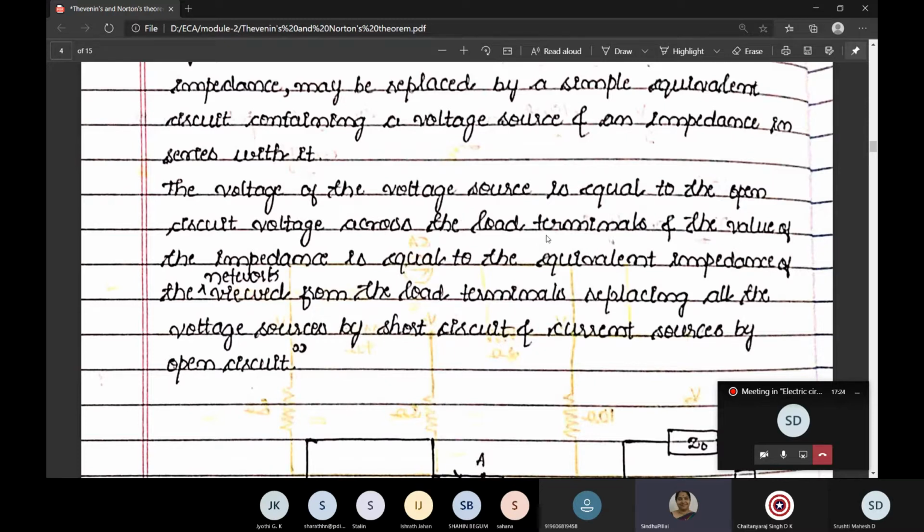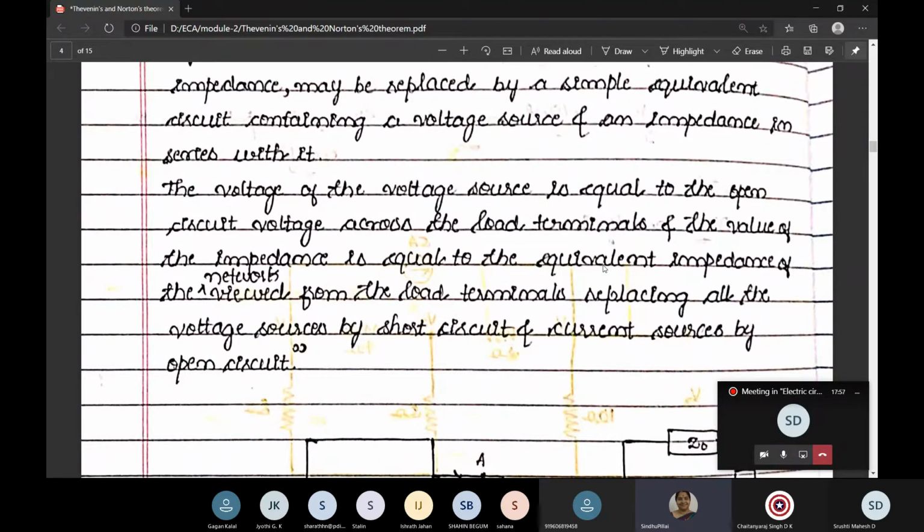Next, how to find out the series impedance? The value of the impedance is equal to the equivalent impedance of the network viewed from the load terminals. Looking from the load terminals, how the resistances look in the network. In that network, we replace all the voltage sources by short circuit and current sources by open circuit.